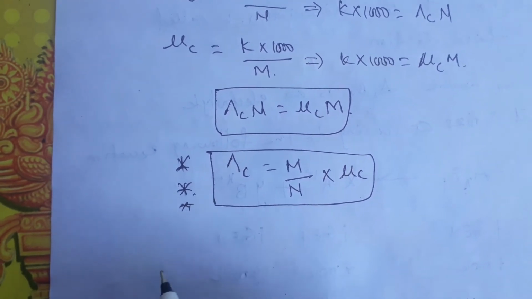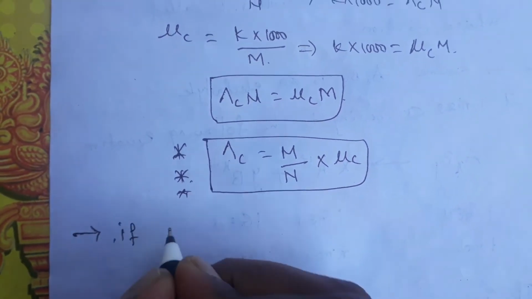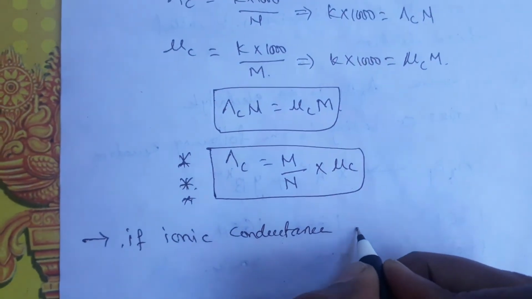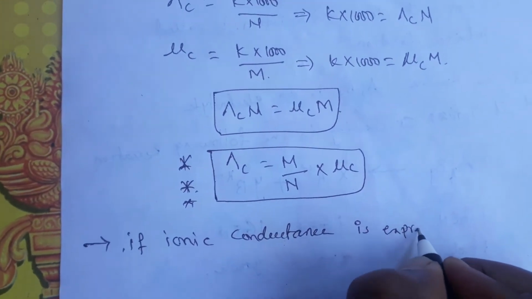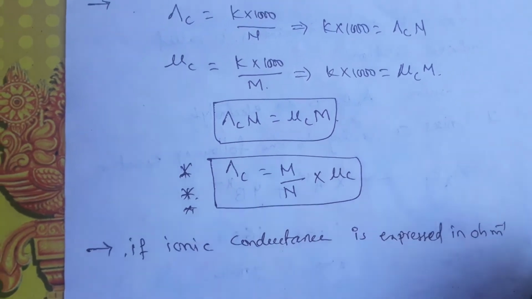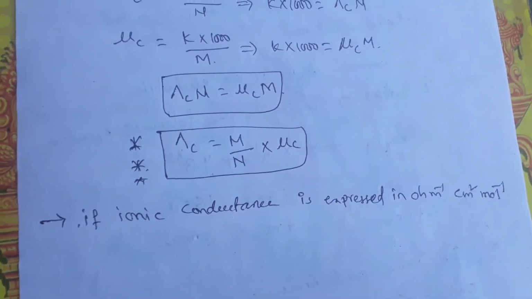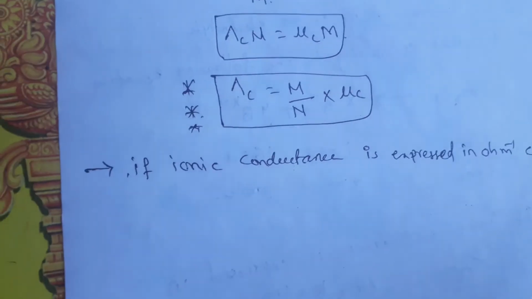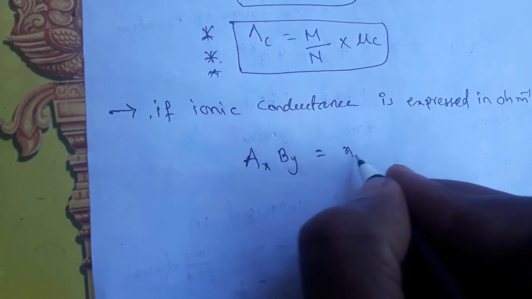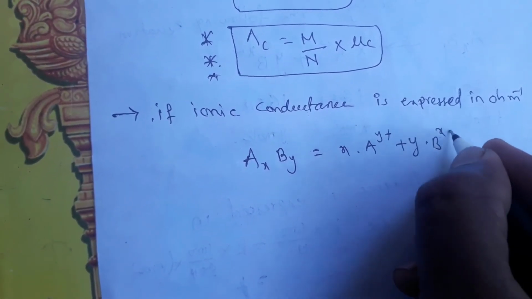If ionic conductance is expressed in ohm inverse, centimeter square, mole inverse, then for AxBy, mu is equal to x into A to the power of y plus y into B to the power of x minus.